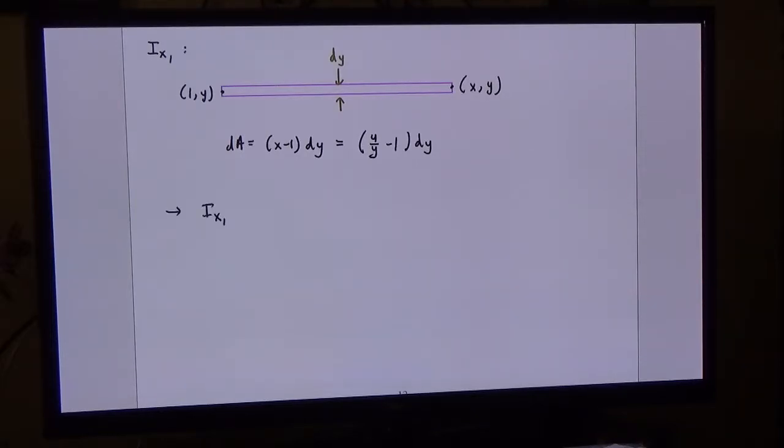Then I plug it into my equation for moment of inertia about x, which is the integral of y squared dA, plugging in what I have for dA. Factoring out, I have the integral of y squared times 4 over y gives me 4y, and then minus y squared.